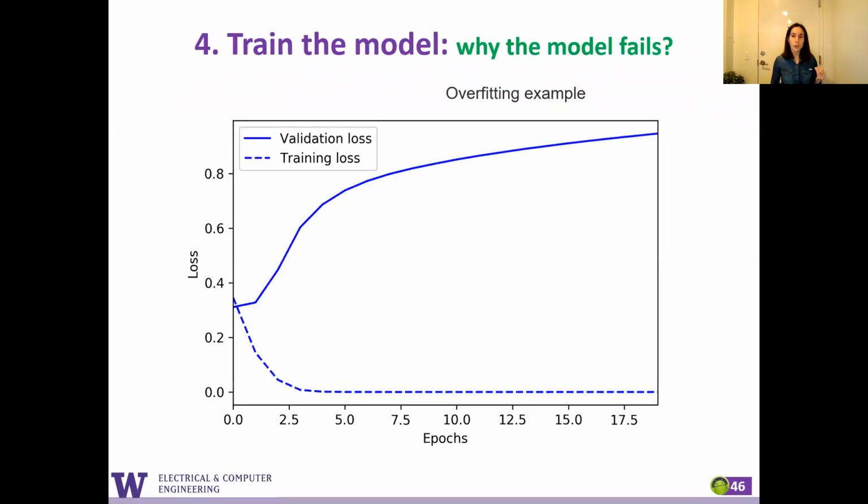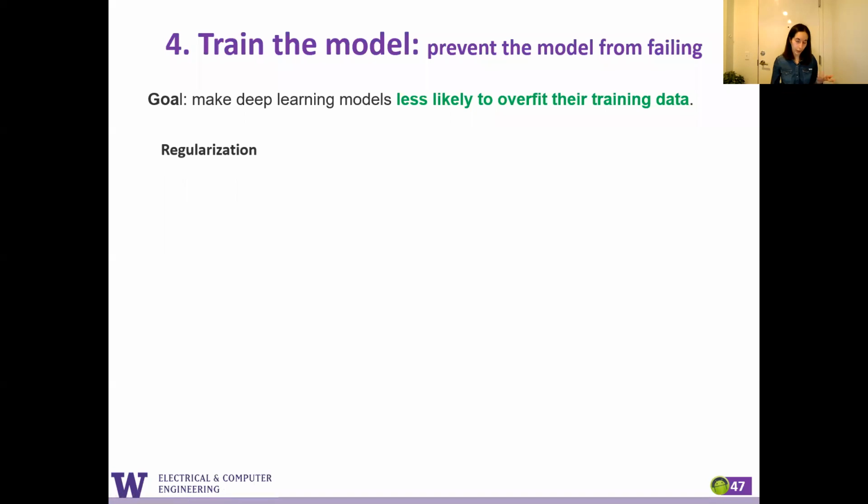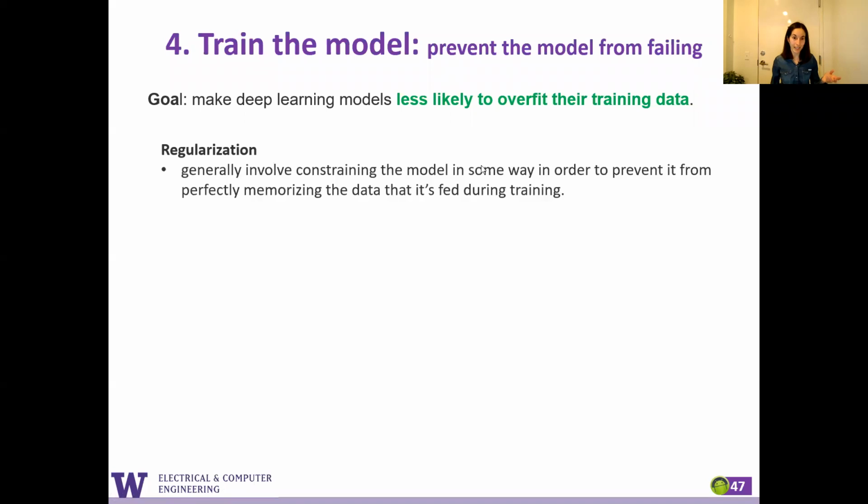And if we want to prevent our model from failing, well, if it is underfit, you could typically fix that by training with more data. But if it is overfitting, you would approach the concept of regularization.